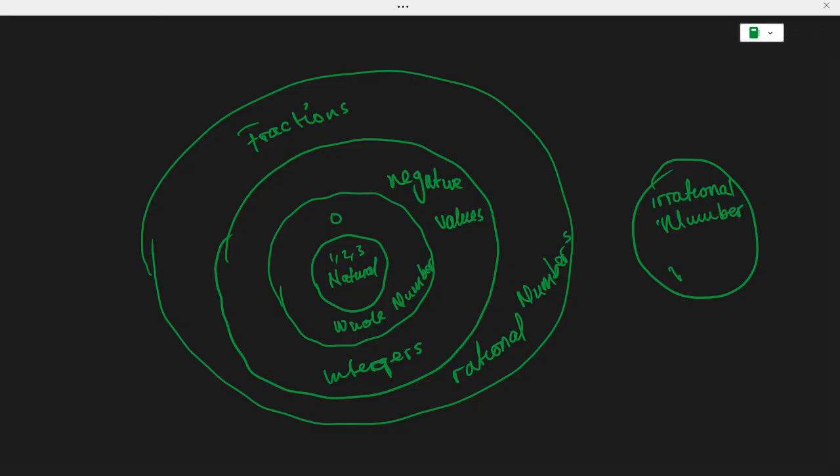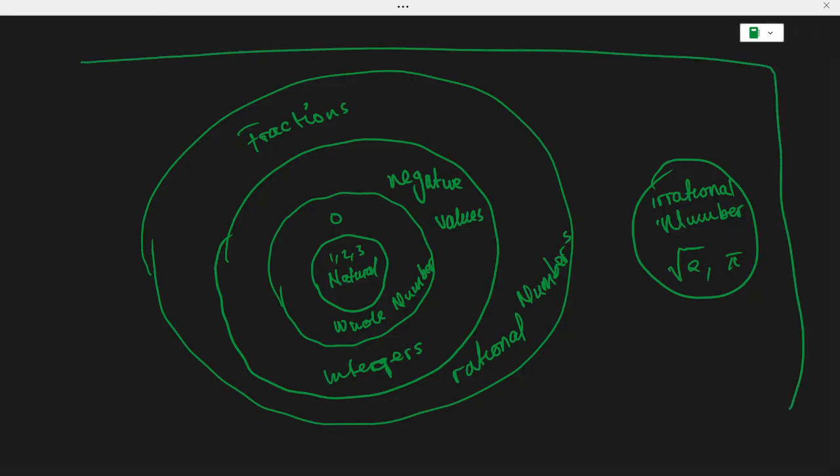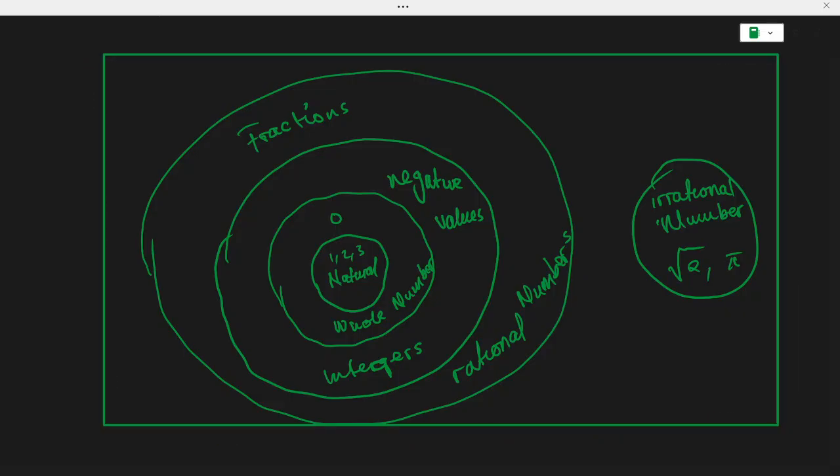And these are numbers like root 2, pi, and so on. And if we take all these numbers, we put them in a universal set. And this universal set, we are calling real numbers.